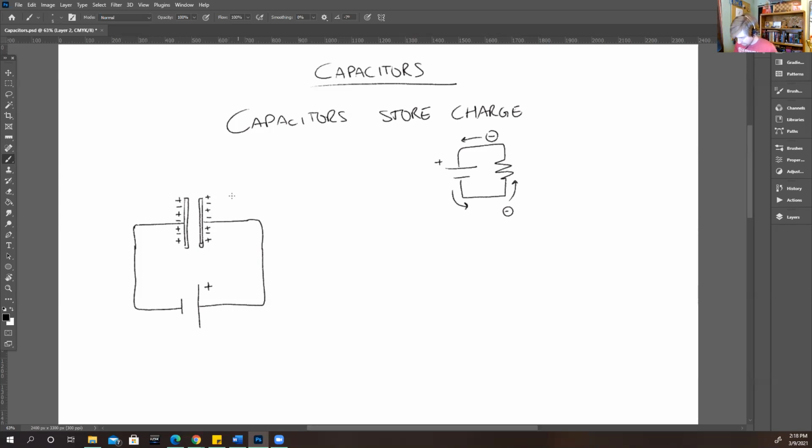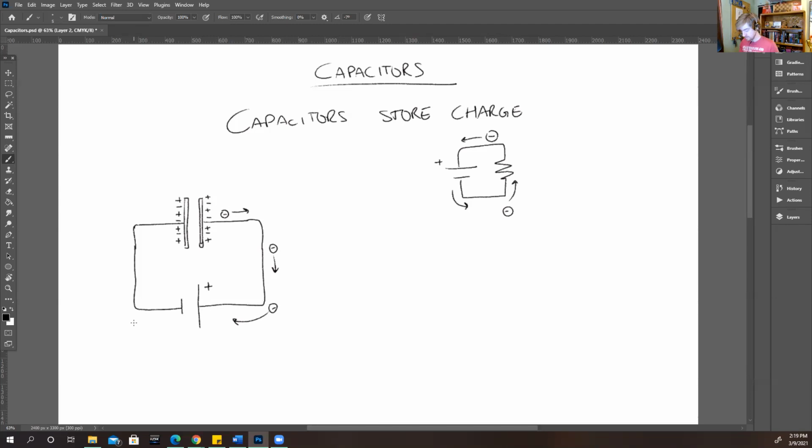So what's going to happen? The negative charges, the electrons, once they're connected to this battery, are going to be attracted to this large positive plate. They come out down the wire and go towards the positive plate, like this. That's that.